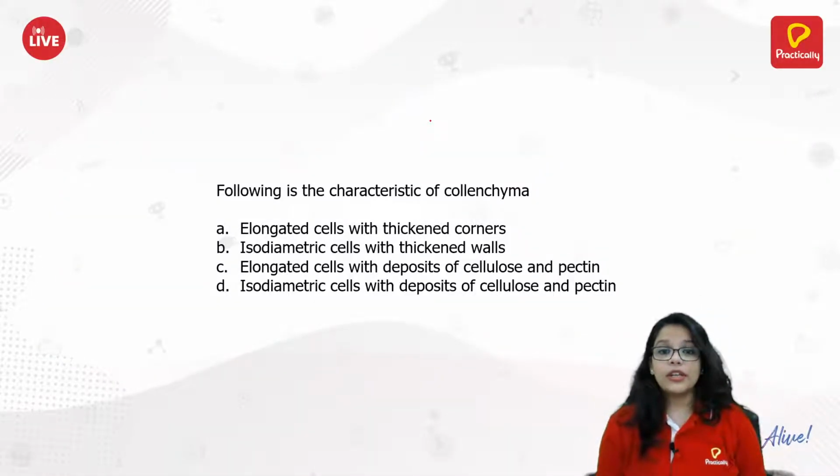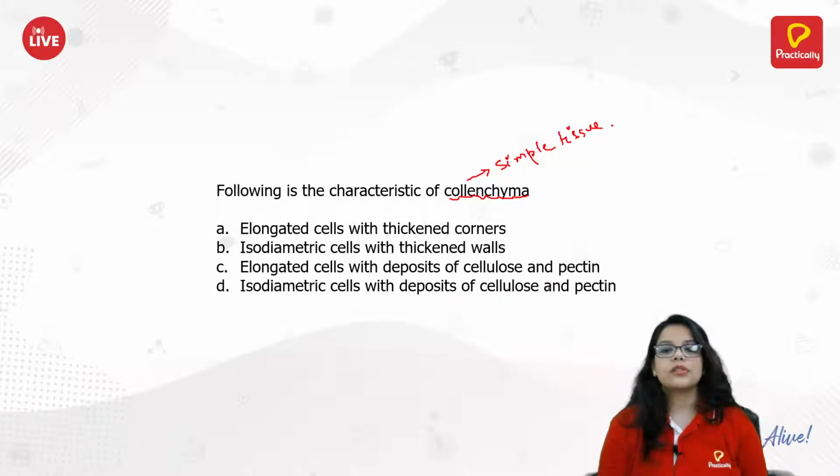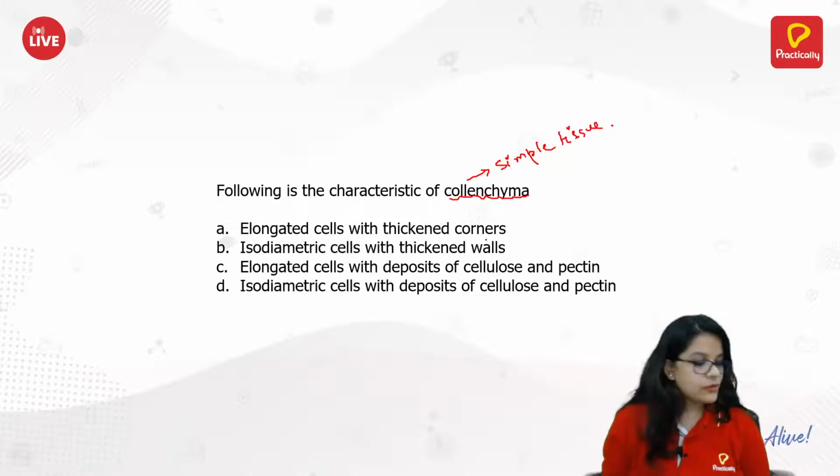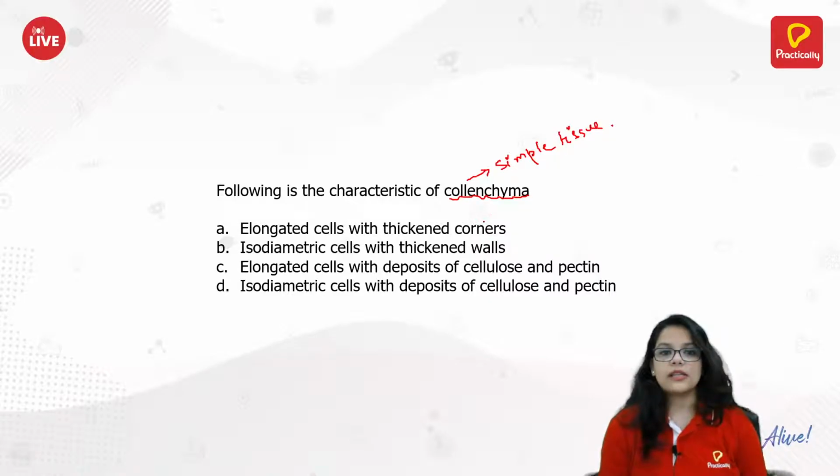So the following is the characteristic of Collenchyma. These are simple tissues. The options are elongated cells with thickened corners, isodiametric cells with thickened walls, elongated cells with deposit of cellulose and pectin, isodiametric cells with deposit of cellulose. Anybody wants to try? Or let me just answer it.